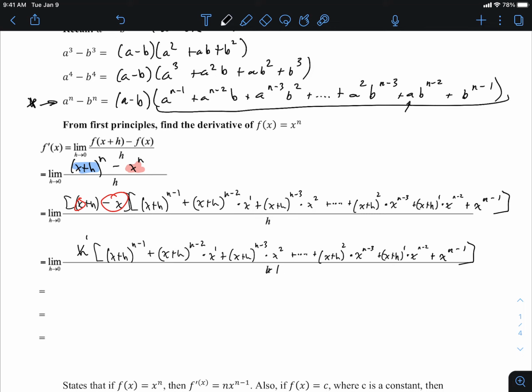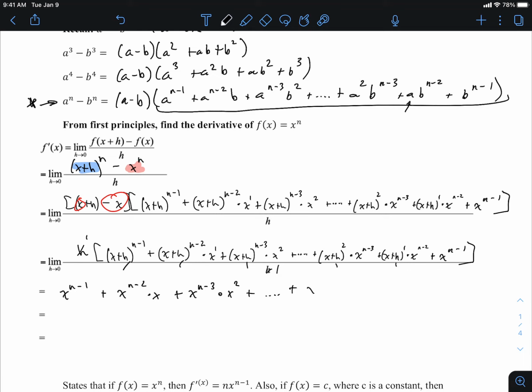Underneath here, in the same line, we're going to evaluate what the function goes to when h approaches 0. So we're going to replace all these h's with the limit of h going to 0. And what are we going to be left with? Well, we're going to be left with x to the n minus 1 plus x to the n minus 2 times x plus x to the n minus 3 times x squared plus, and then we start coming back down.